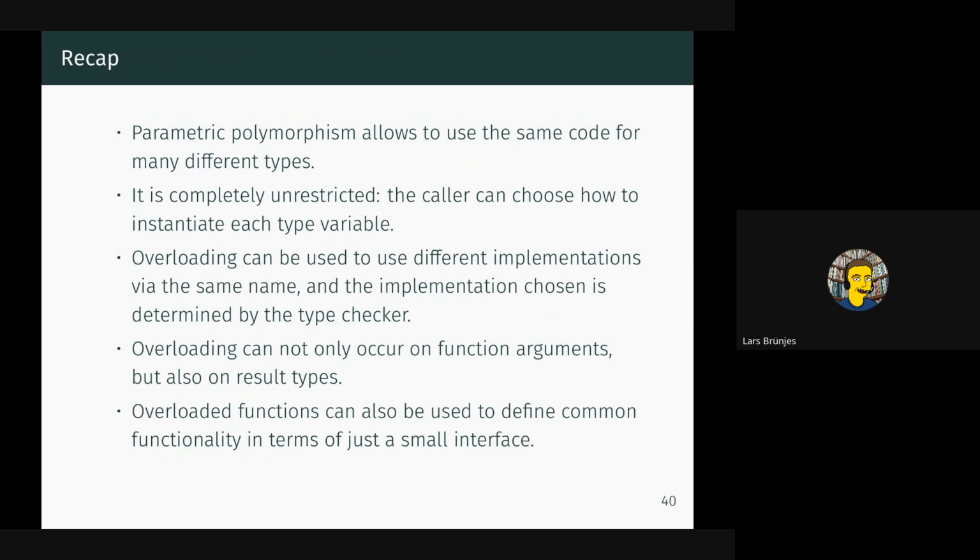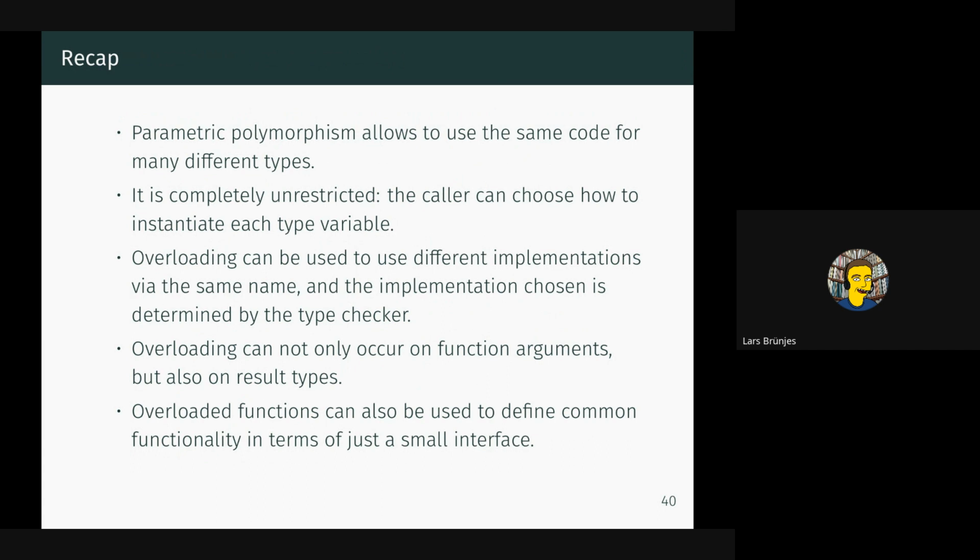Right, so that's the difference between the two. You can use the same name like show for different code. If you show an int, different code is executed than if you show a Boolean or show a character. The type checker and the compiler will figure out which to choose and give you the right implementation.